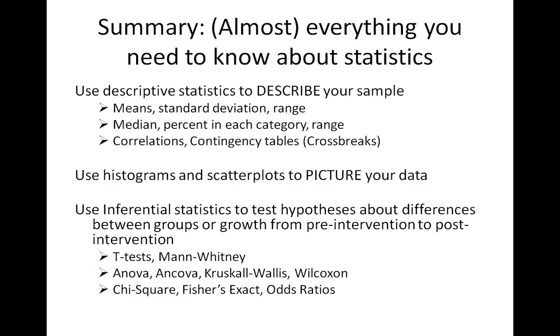You may use correlations and contingency tables or crosstabs to also describe your sample. You can use histograms and scatter plots to picture your data. Your scatter plots will result in a correlation coefficient, which also gives information about your sample.